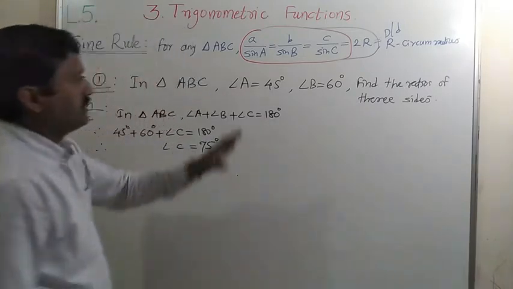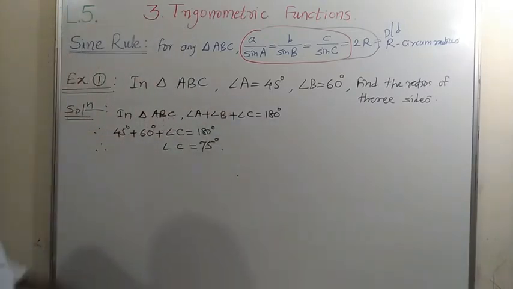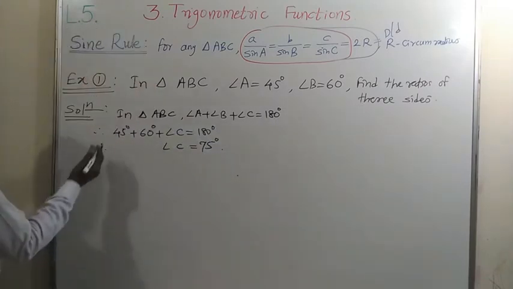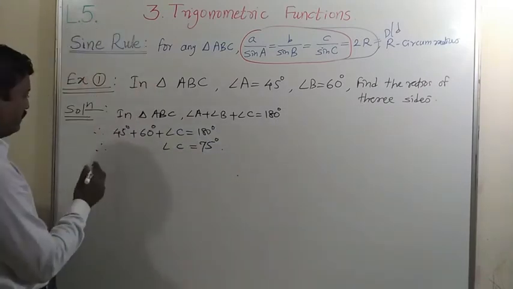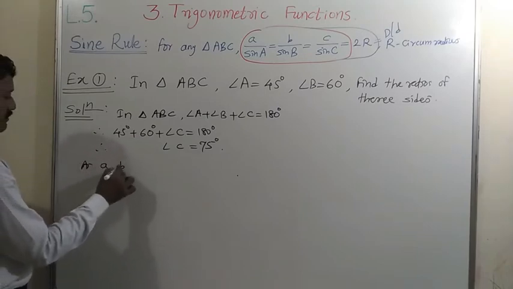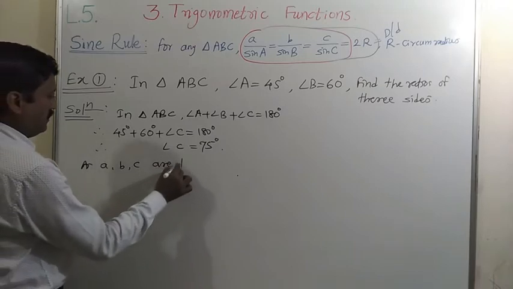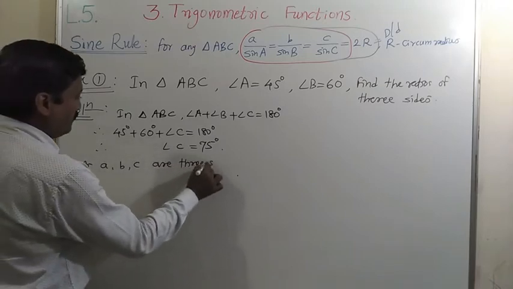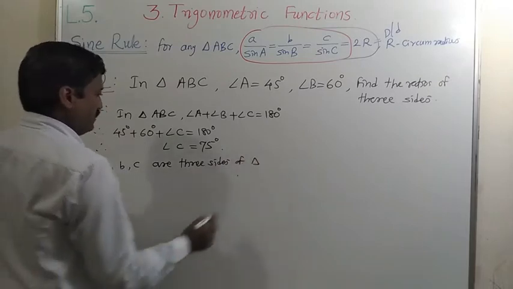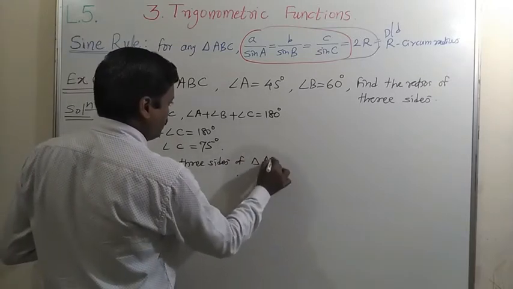We have found it. Now the task remains to find the ratios of the three sides. Obviously, small a, b, c are the three sides of triangle ABC.